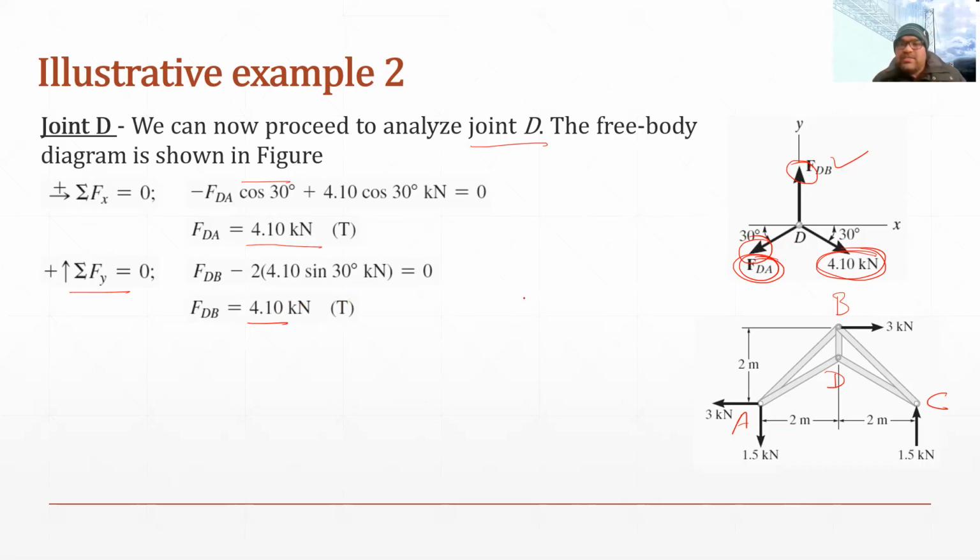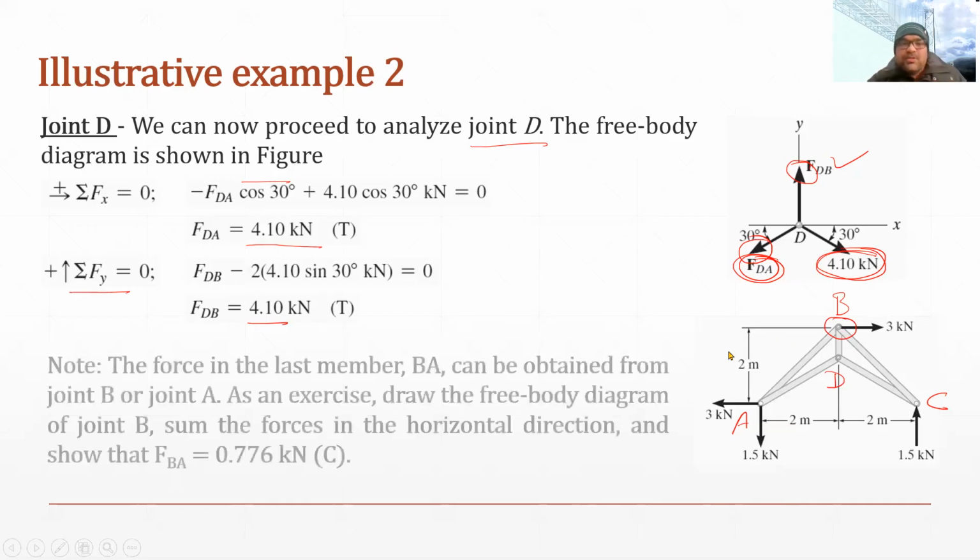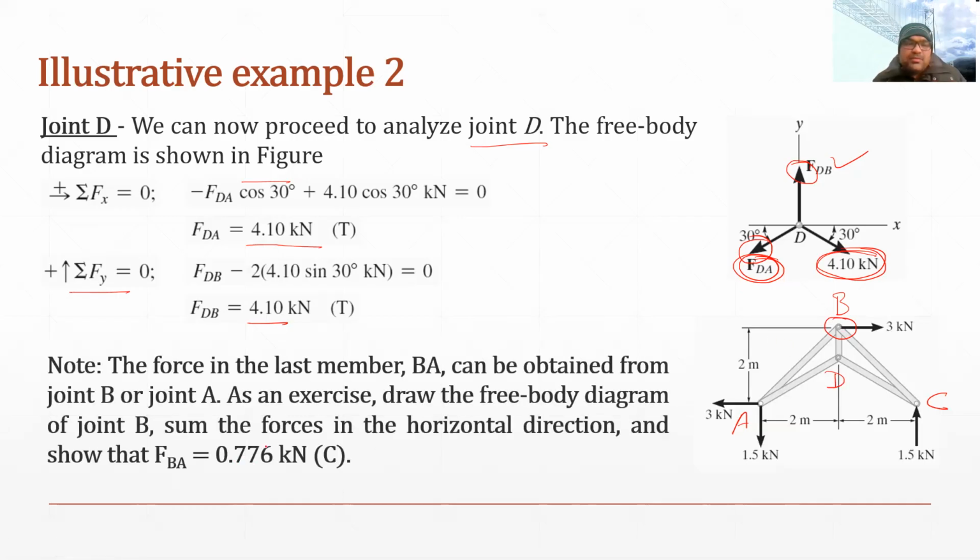Now, as a part of exercise, you can see only the force in member AB is left. You have to make the free body diagram of joint B, and you have to show that in member AB, the force is 0.776 in compression.